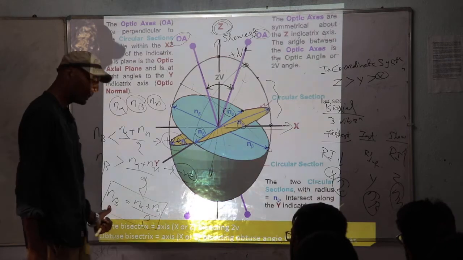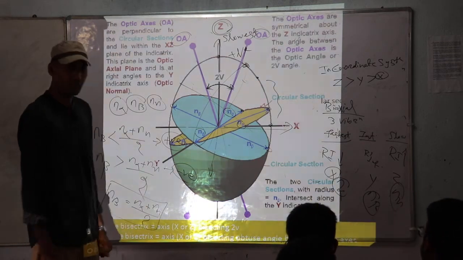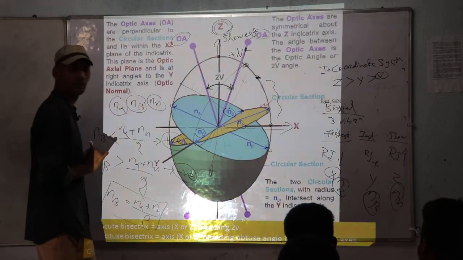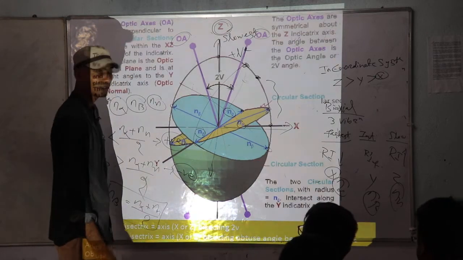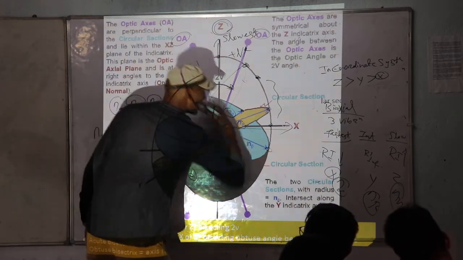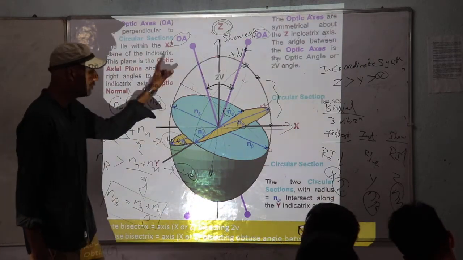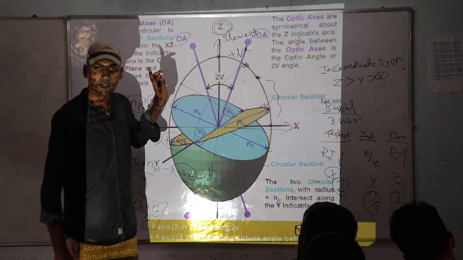When the intermediate value is exactly the midpoint of the lowest and highest values, you get the circular sections at this point, and the circular sections are perpendicular to each other. Both circular sections contain the optic axis of the other circular section.